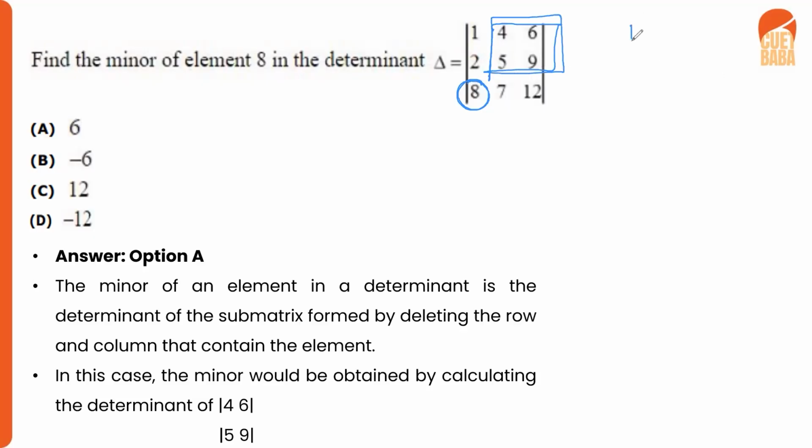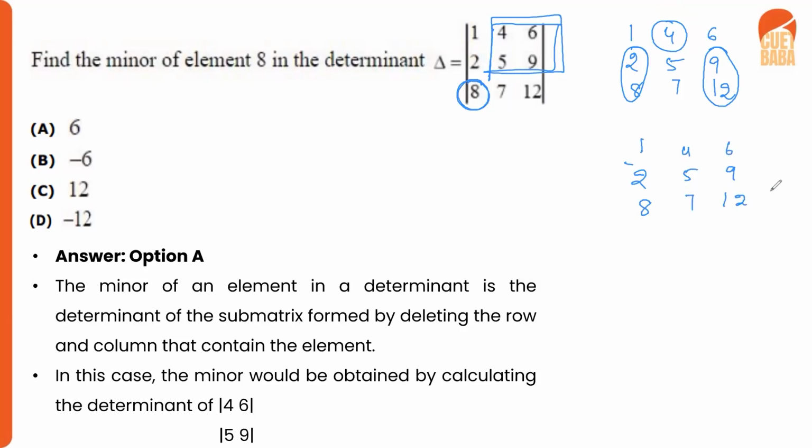Say suppose I'll give you an example, say 1, 2, 8, 4, 5, 7, 6, 9 and 12. If it's asked to take the minor of element 4, what would we do? We'll take into consideration 2, 8, 9 and 12. If it's asked to take the minor of any other number, say 2, what would we do?